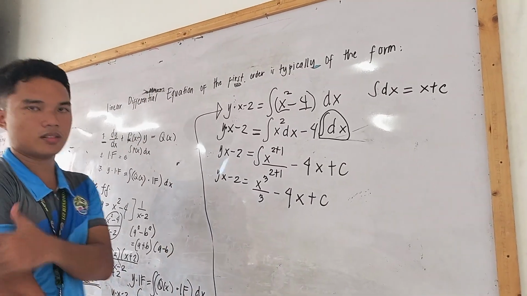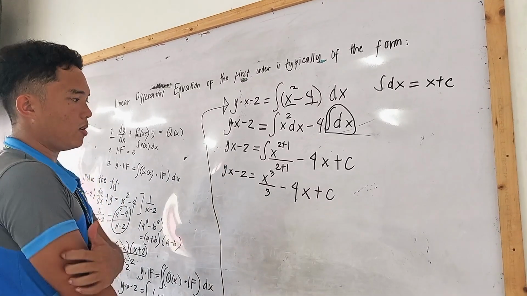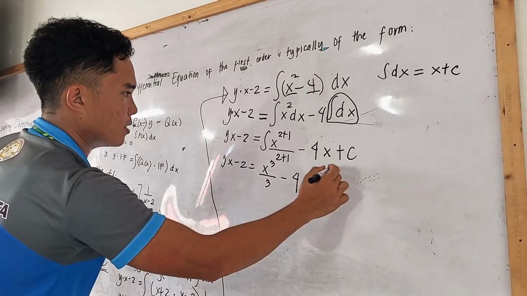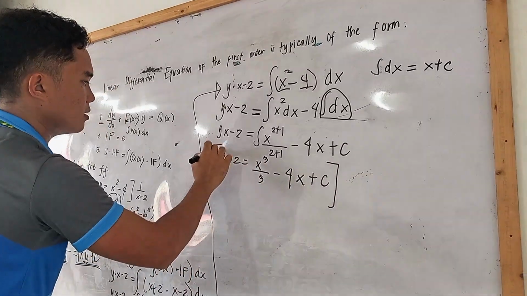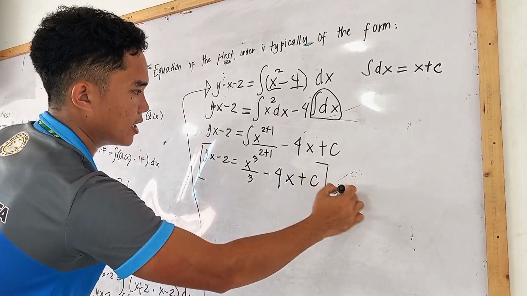So now, divide both sides by x minus 2 in order to get y. Divide both sides of the whole equation by x minus 2.